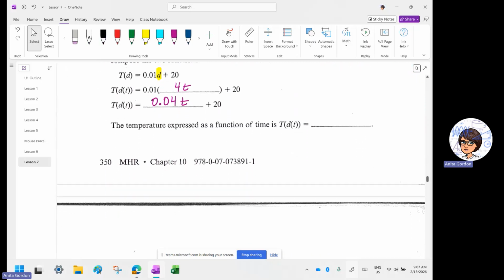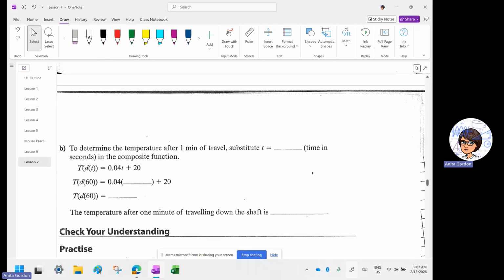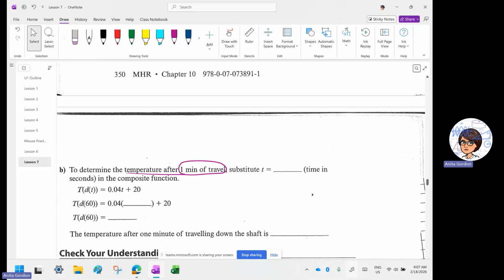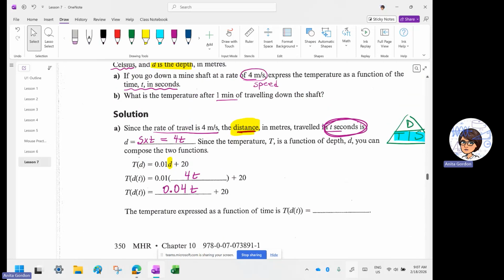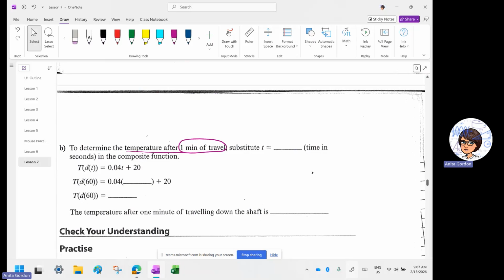Okay, in part B, it's asking us, what is the temperature after 1 minute of travel? Now remember, our equation is based on seconds. So first thing we got to do is, what is 1 minute of travel in seconds? Hopefully we know this without too much thinking. 60 seconds.